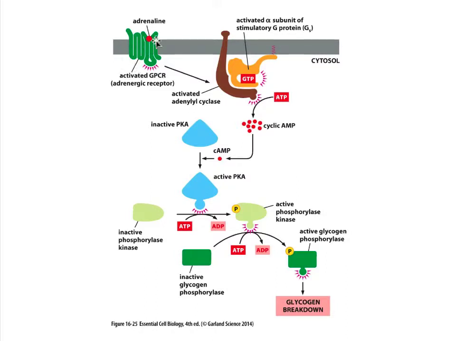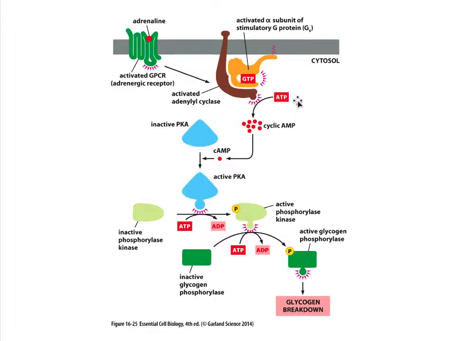Once it binds to its receptor, the receptor is activated. That turns on the alpha subunit of the G protein, the stimulatory subunit. That binds to an enzyme that's also held against the membrane of skeletal muscles. That enzyme is the adenyl cyclase.